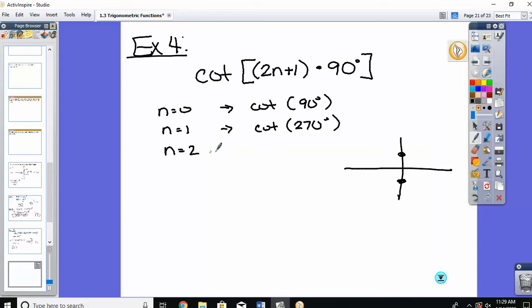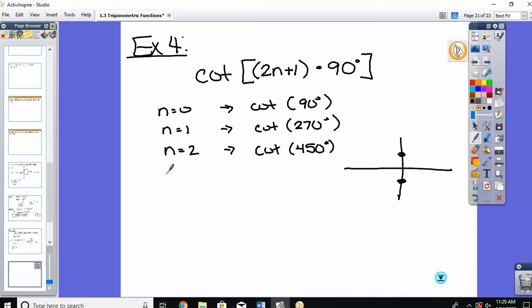If n were 2, that's 4, so 5 times 90 is 450. 450 is the same as what? 90.